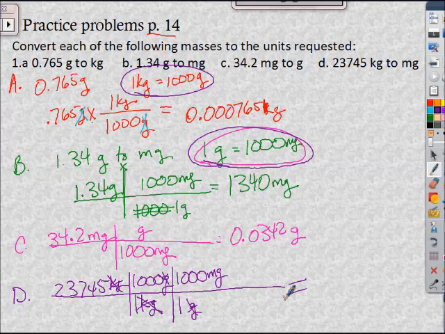And if you put those numbers into the calculator, 23745,000,000, which is easier to use in scientific notation, times 10 to the 10th milligrams. Okay?